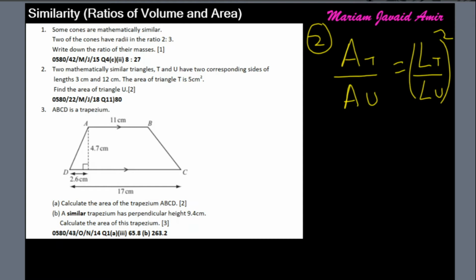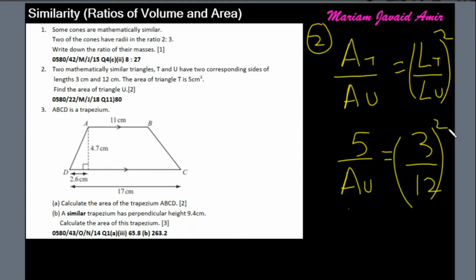Okay, so what do we have? We have the area for triangle T, which is 5. So I'll write 5 over area of triangle U equals length of triangle T is 3 and length of corresponding triangle U is 12 whole square.